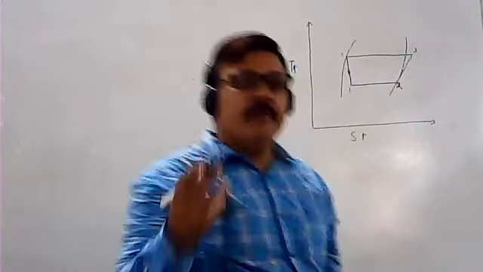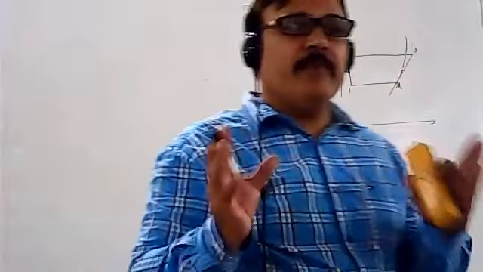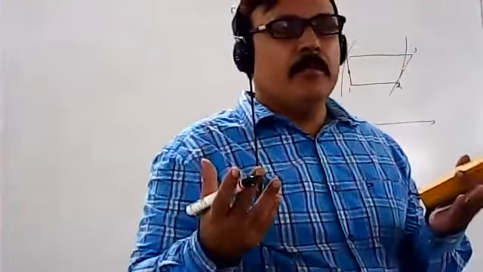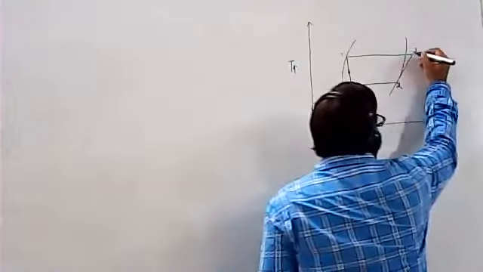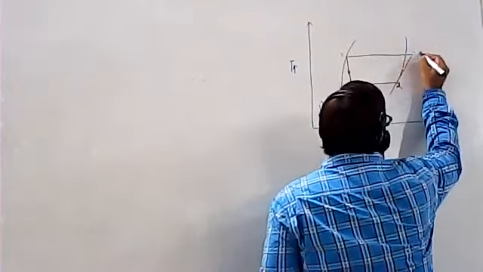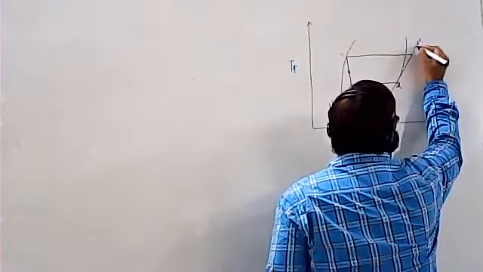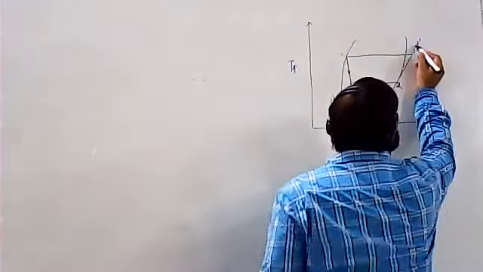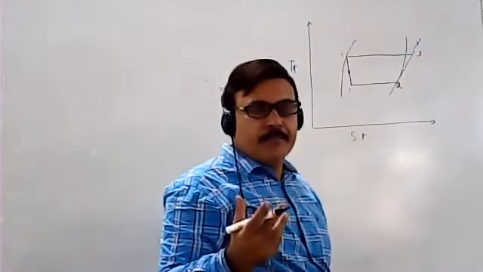What if I increase the discharge pressure? Then what will be the effect of this discharge pressure on the COP of this cycle? If I increase the discharge pressure from 3 to 3 dash, what is its effect on the COP?